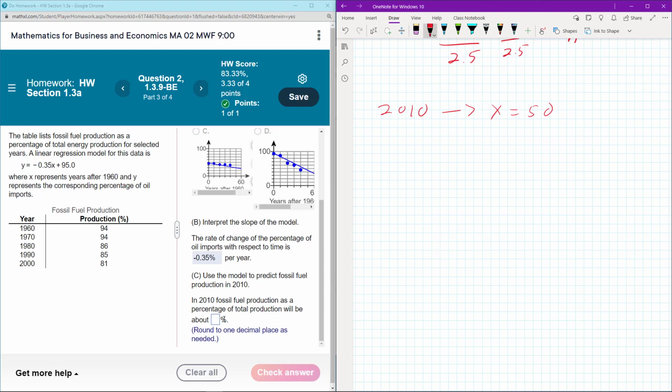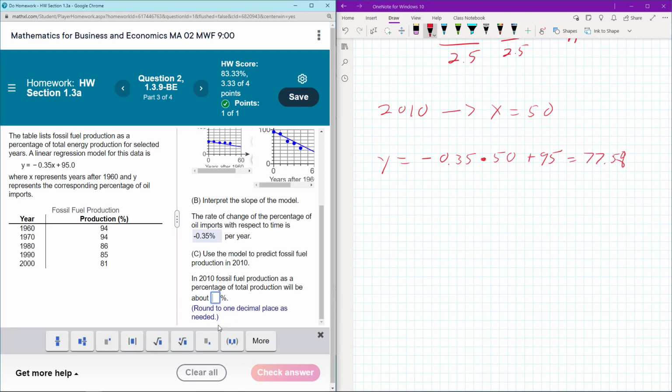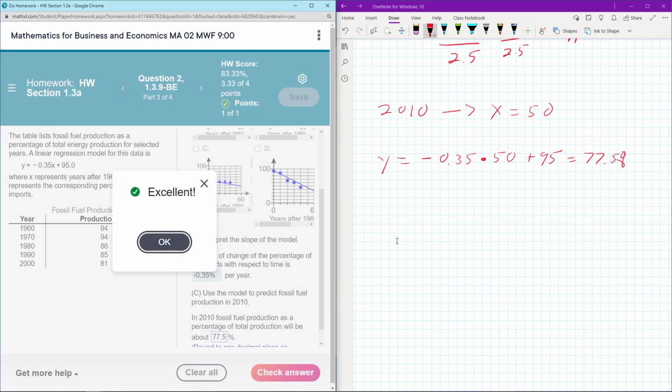So putting that into our model, we're going to have that y is equal to negative 0.35 times 50 plus 95. And that will give me 77.5%. So we put that into here. And once again, we are already at the 1 decimal place, so that's not an issue. 77.5, and that's pretty much our approach for that one.